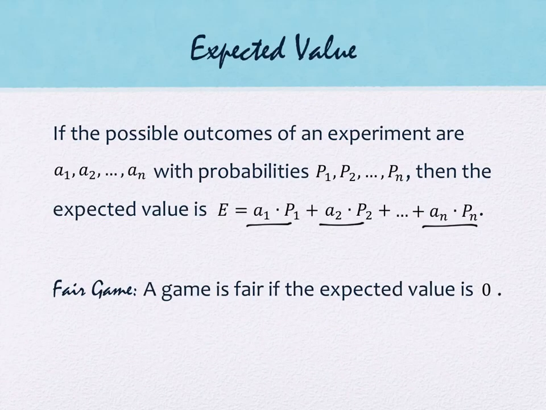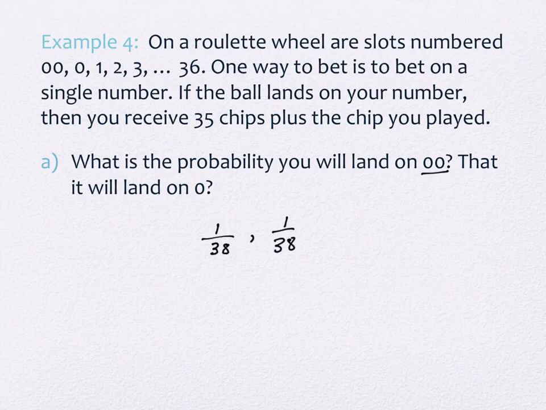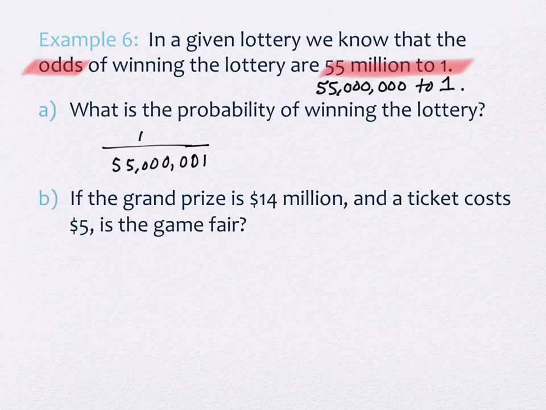There we go. A fair game has an expected value of 0. So we can know if the game is fair if we calculate its expected value and it's equal to 0. And if it's not equal to 0, it's actually advantageous for somebody, usually the person running the game, not the person playing it. But that's what we're looking at, whether or not the game is fair.